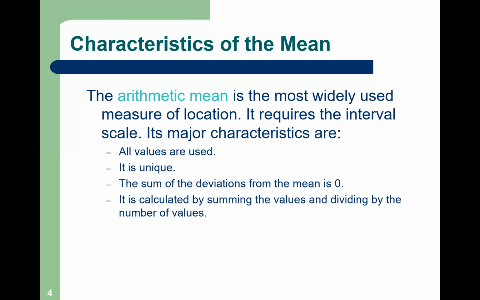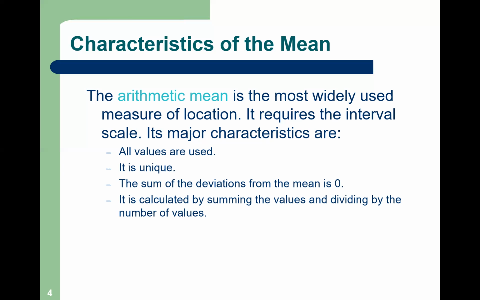For a set of data, mean is a unique value. I mean, for one set of data, there is only one mean. It is not possible to find more than one mean for one set of data.